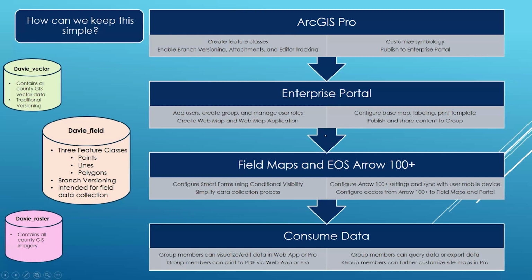All right, so this is an attempt to convey how we kept it simple here. Not too complicated. Starting out with ArcGIS Pro, create the feature classes, enable branch versioning, attachments, editor tracking, and customize the symbology and publish to Portal. We did want to keep it in a separate container from our standard vector and raster data, of course.